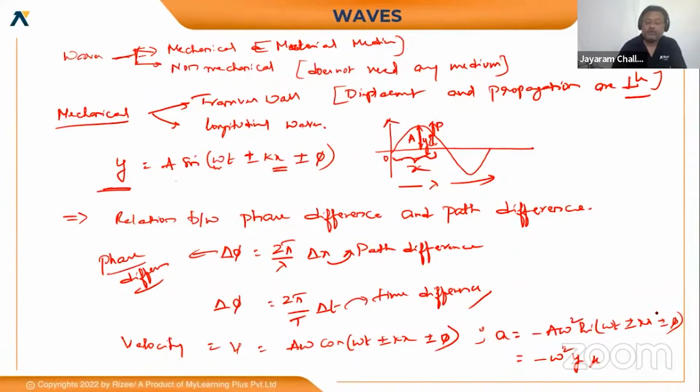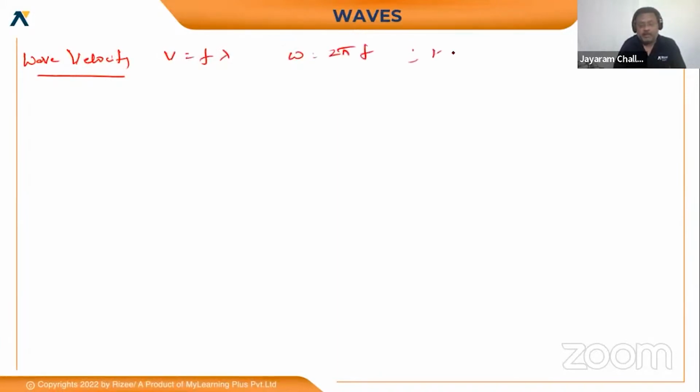Next, apart from these relations, what other formulas are there, like energy, wave velocity or anything. So wave velocity can be written as v is equal to frequency into lambda. Omega is equal to 2 pi f, and k is equal to 2 pi by lambda. We take these two relations, and from this, v can also be written as omega by k.